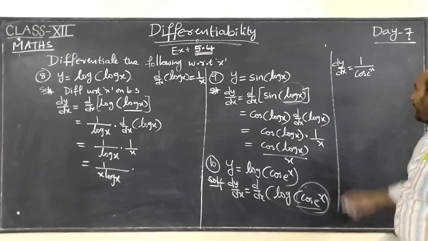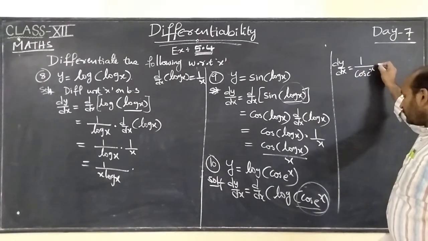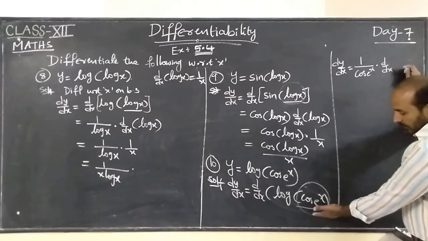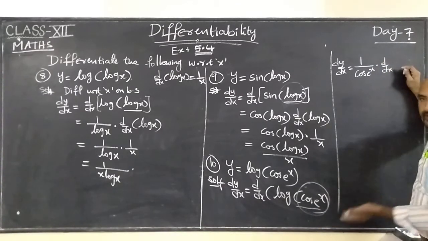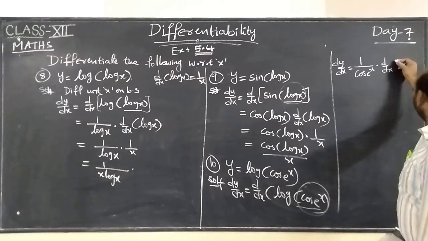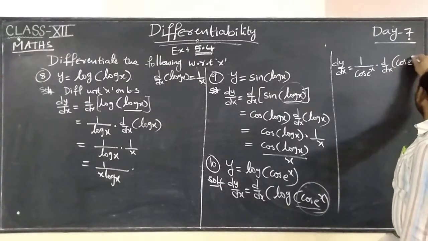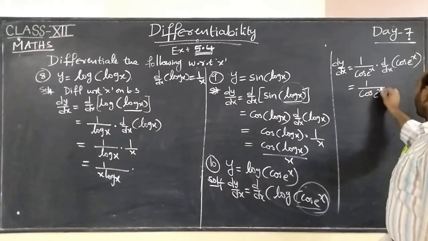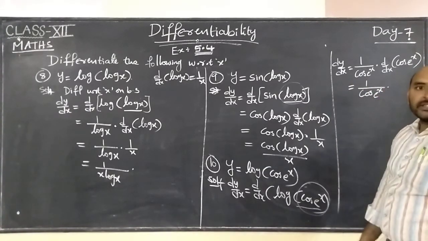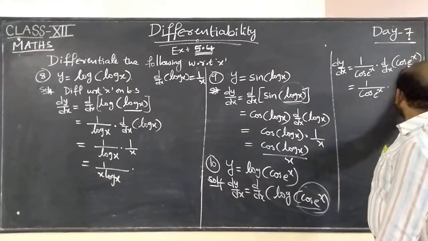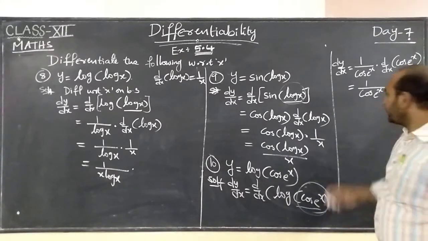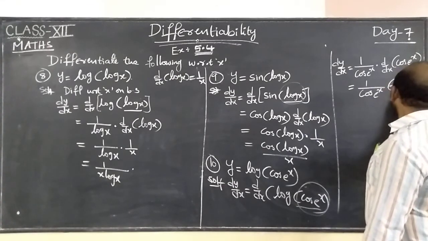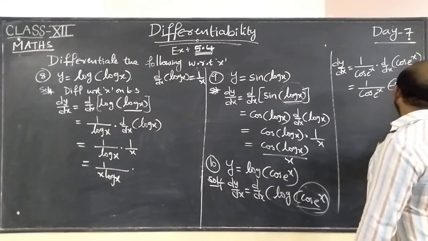Into the inner function d by dx of cos of e power x, apply the derivative again. So 1 divided by cos e power x into the derivative of cos e power x. The derivative of cos x is minus sine, so minus sin e power x, and the inner function d by dx of e power x.